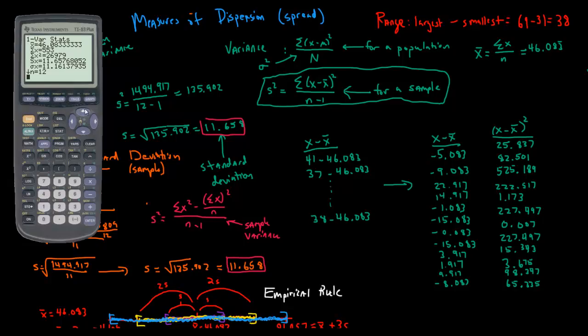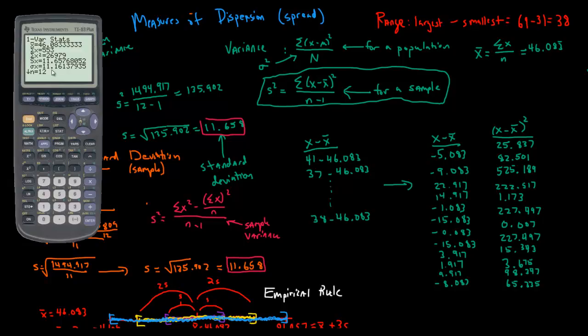Of course, you have to remember this process. Remember, you have to enter the numbers in the list. Then you have to figure out how to get to that one variable stats and then tell it where to get the data from. So again, this will save you a bunch of time calculating the mean, calculating the standard deviation.